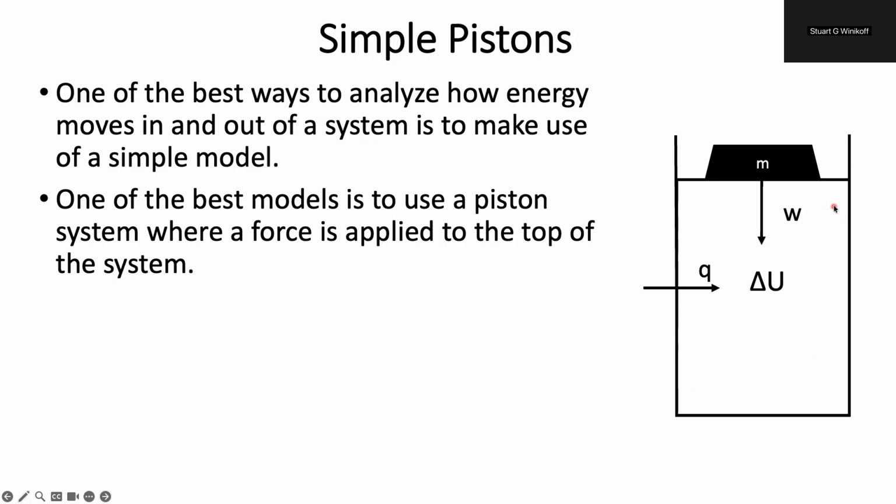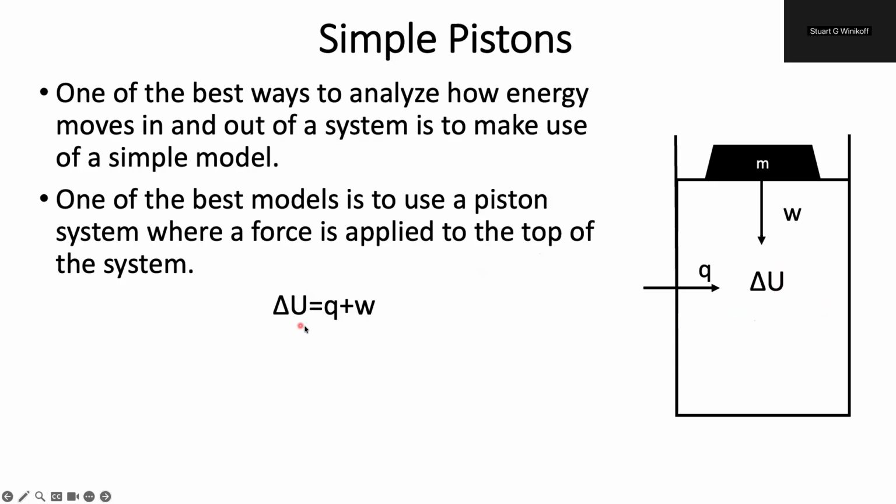Now, one of the best forms of pistons is where I'm going to be applying a pressure to the top of the container, which under large pressure should compress the system, and under low pressures, that gas should push back and the system should expand. But again, if I know what that force is, I can go ahead and model what happens. And then we can look at the changes in internal energy.